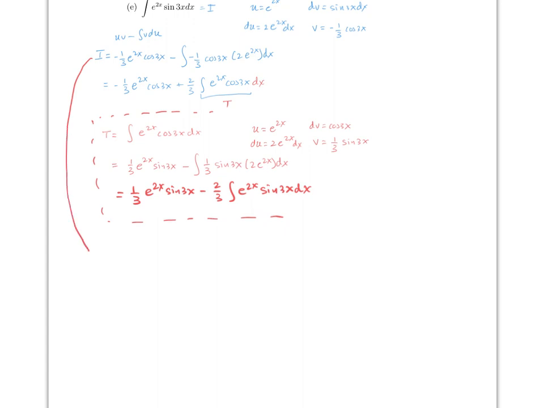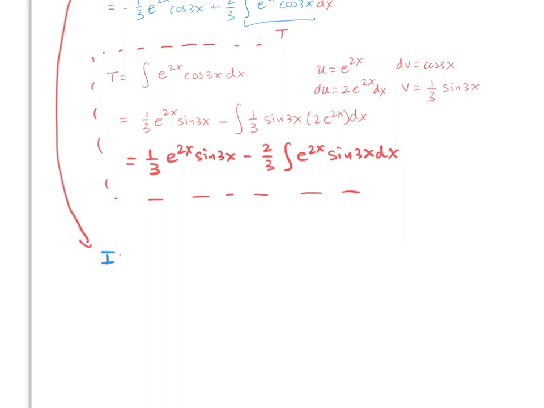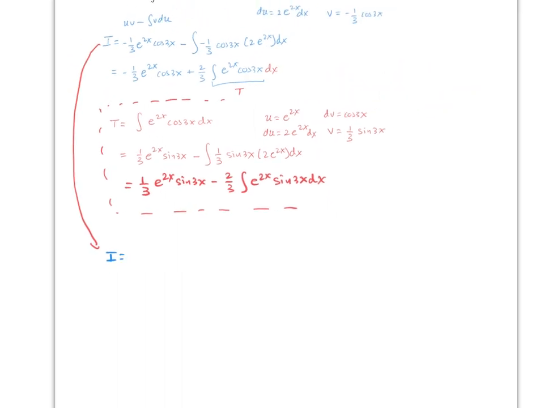So if we integrate from here, that means I is going to be equal to minus 1/3 e to the 2x cosine 3x plus 2/3 times of this, which is 1/3 e to the 2x sine 3x minus 2/3 the integral of e to the 2x sine 3x dx.